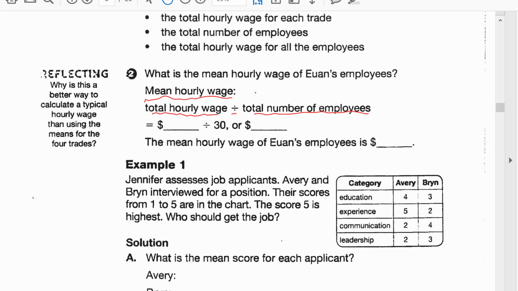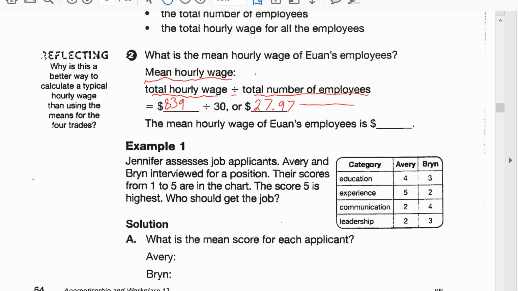Well, we just figured out the total was 839 above, and he has 30 total, so 839 divided by 30 is 27.97. So the mean hourly wage of Ewan's employees is almost $28.